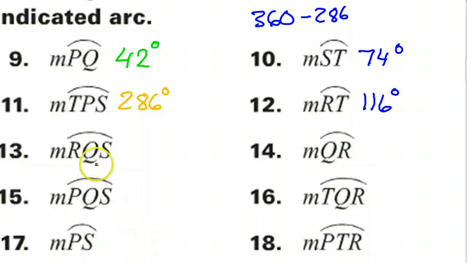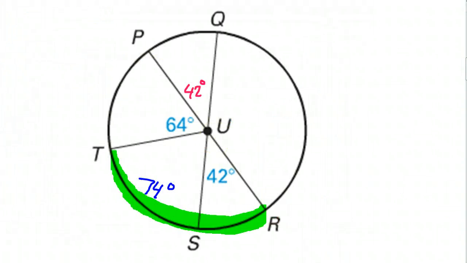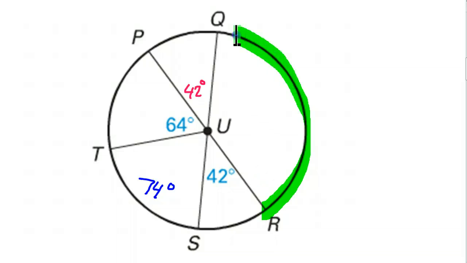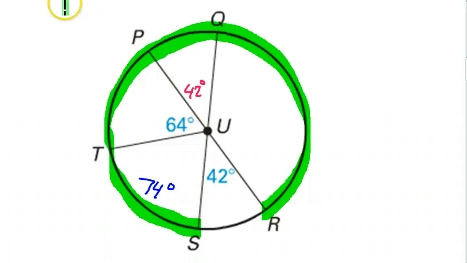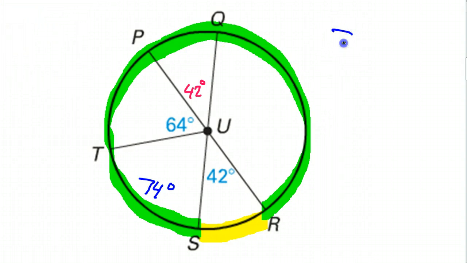Okay, number 13. The measure of arc RQS. Well, RQS is everything except for arc SR. So the whole circle is 360.